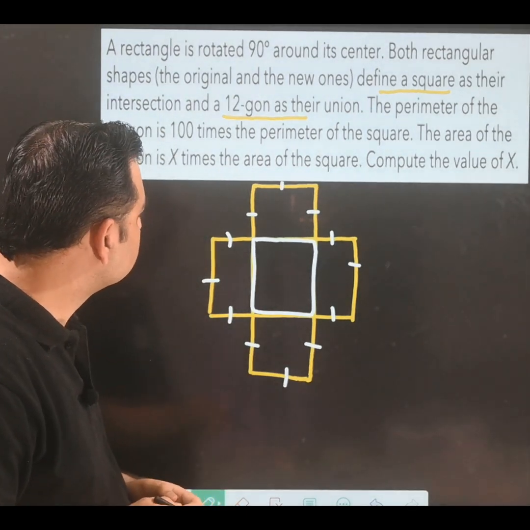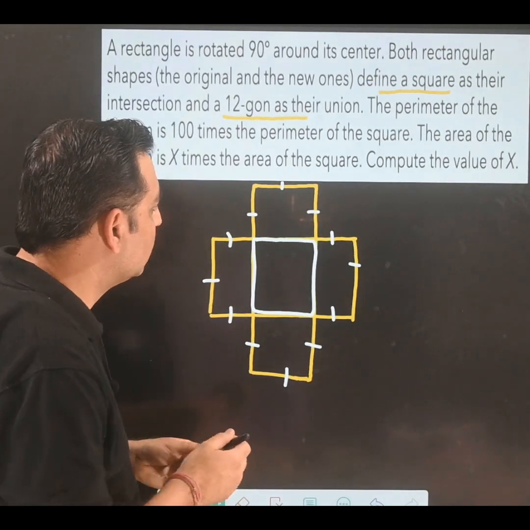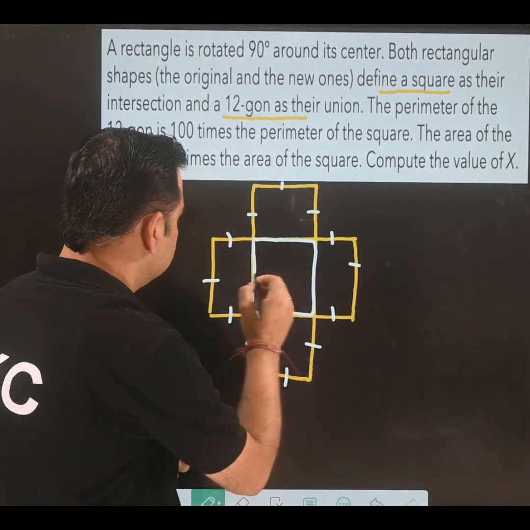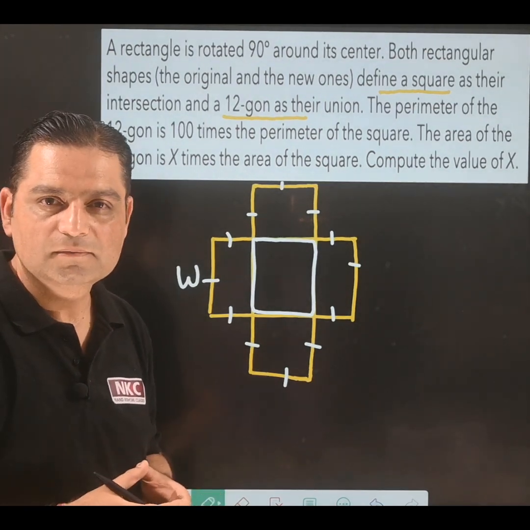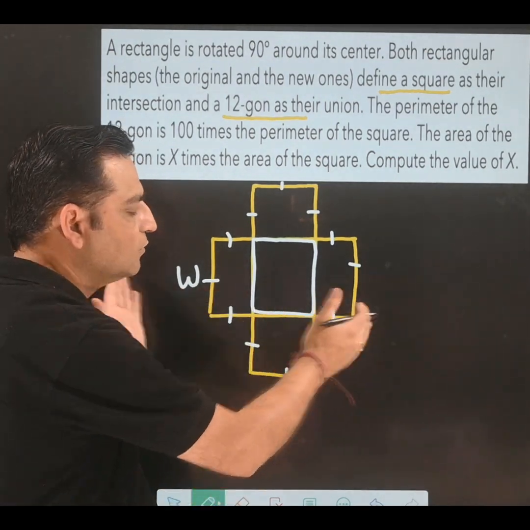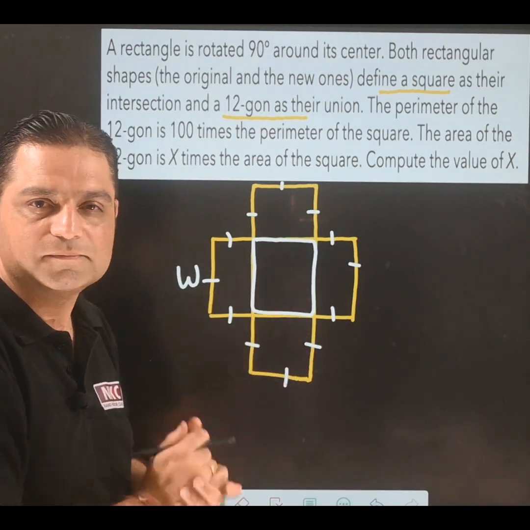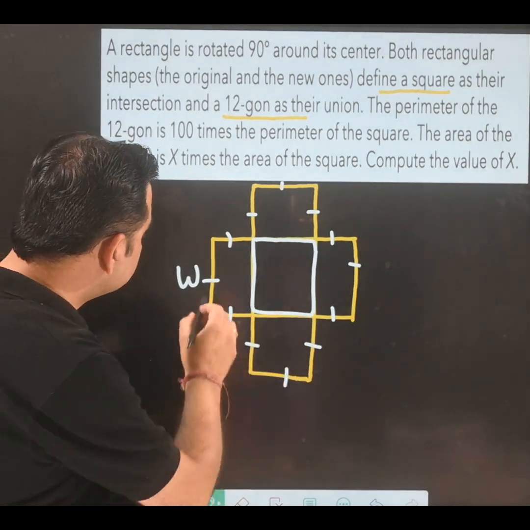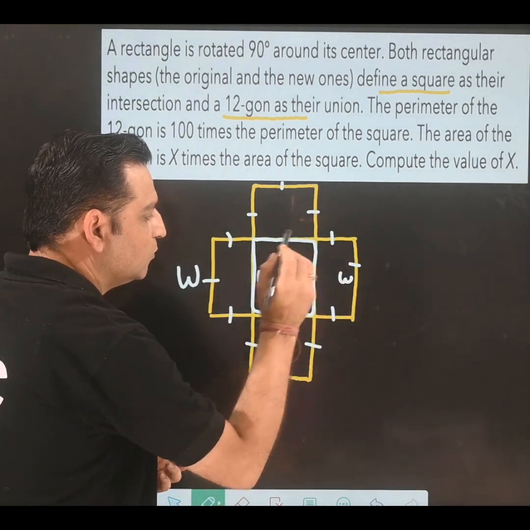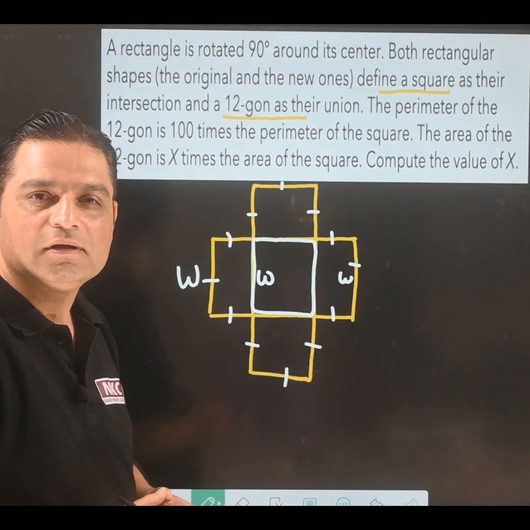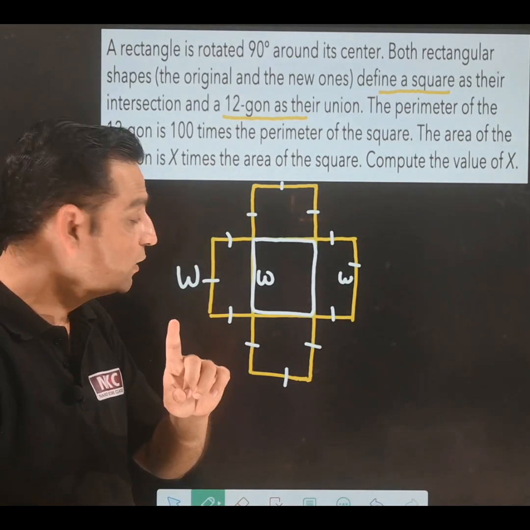How would we do it? First of all, I am considering this as the width of the rectangle, original width W, right? And the original length, let's suppose it is L. If this length is W, that means this is also W, this is also W. But you should analyze it properly.